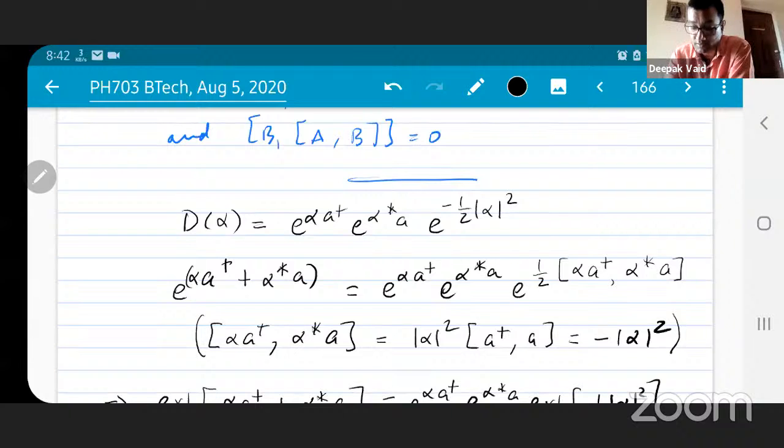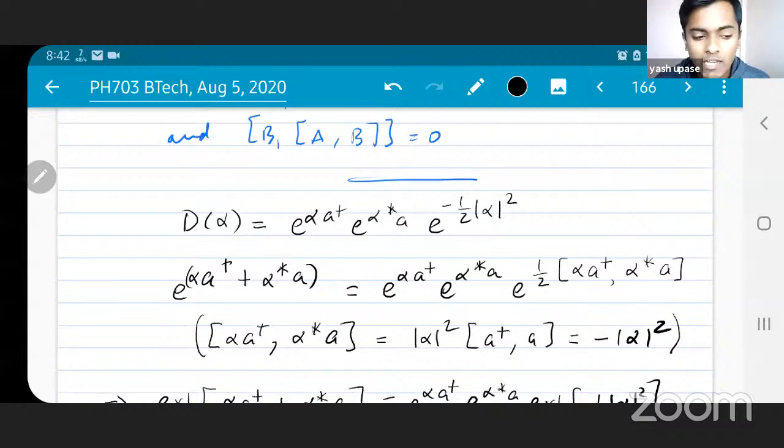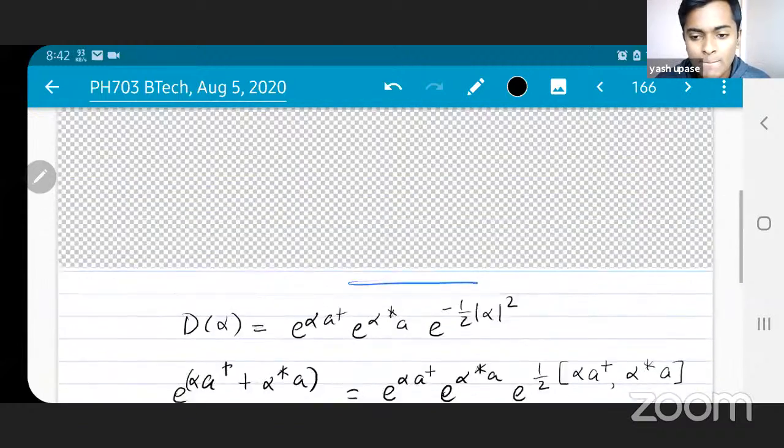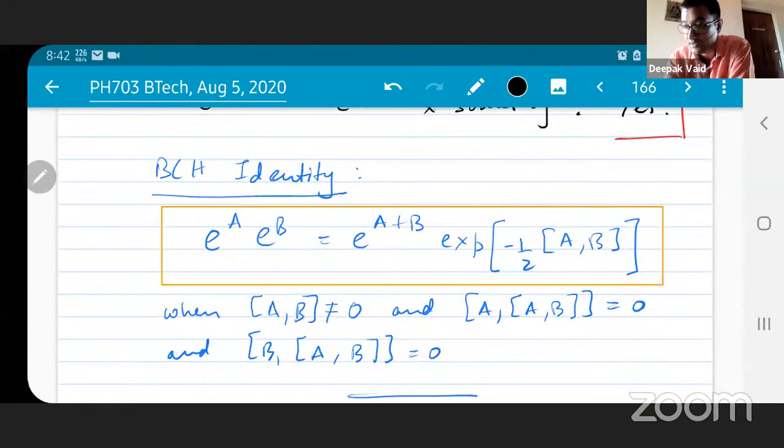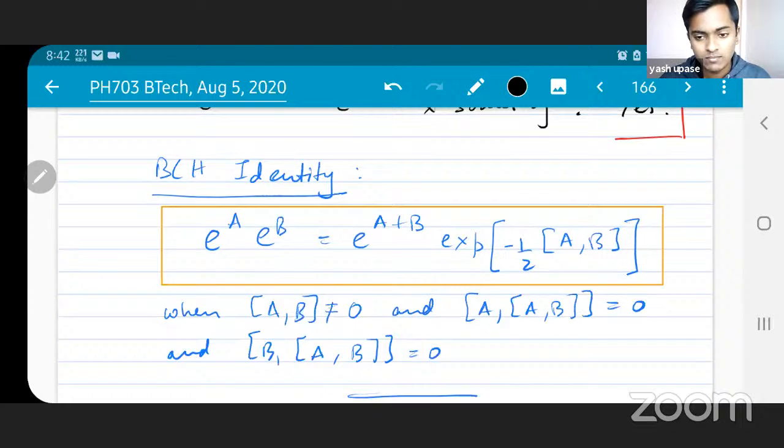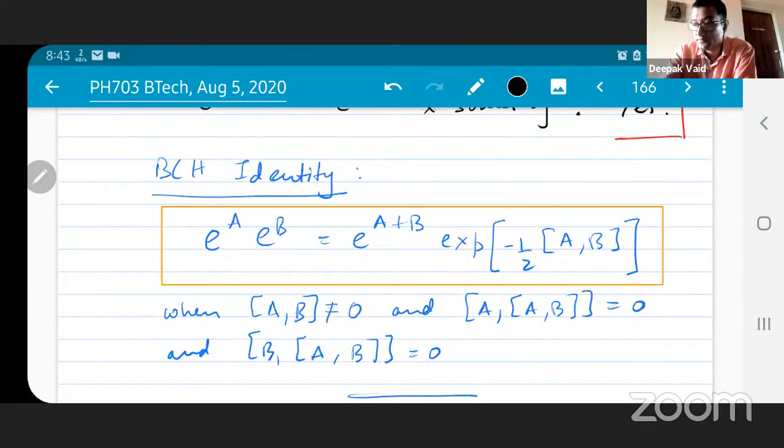The last term in the BCH identity, do we have a minus sign there? No, so this is right. D alpha, alpha A dagger, alpha star A. Yeah, so this is fine.